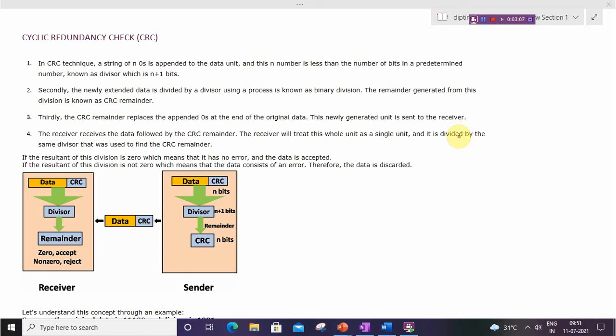If the result of this division, the remainder, is 0, it means that there is no error and the data is accepted. If the remainder is not 0, it means that the data contains an error, therefore the data is discarded.